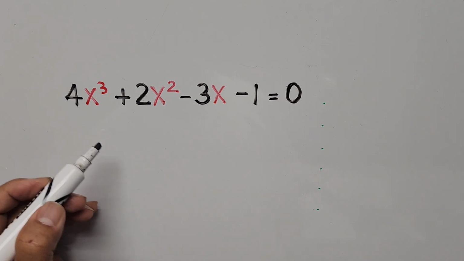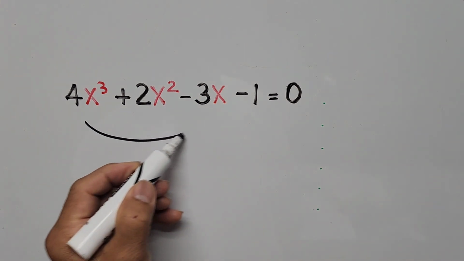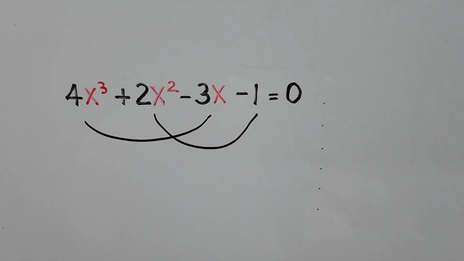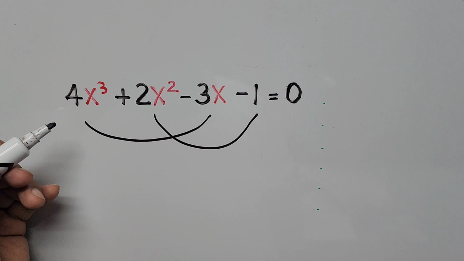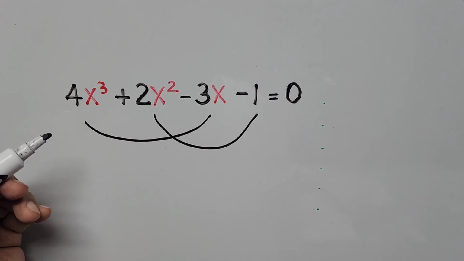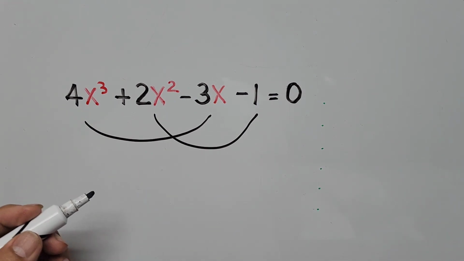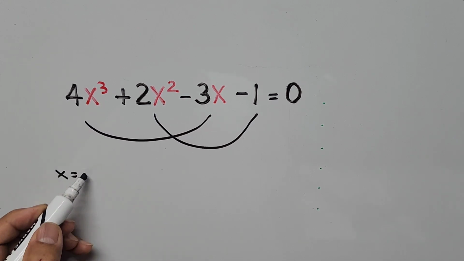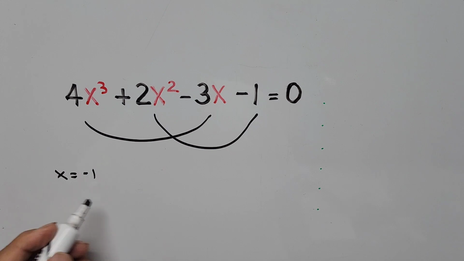Here, alternate terms are the first term and the third term, and then the second term and the fourth term. If the algebraic sums of these coefficients are the same, then one of the roots of x will be equal to -1. That's the first root of x.